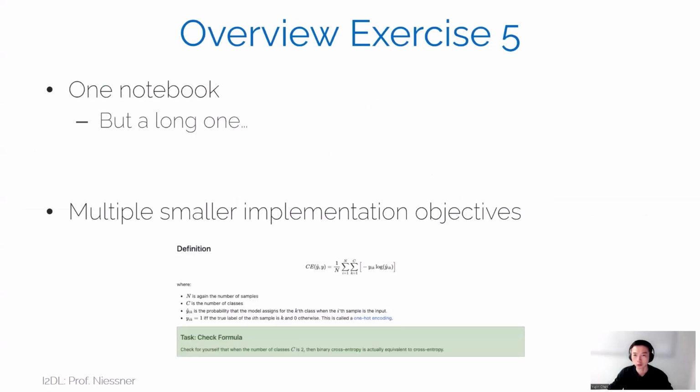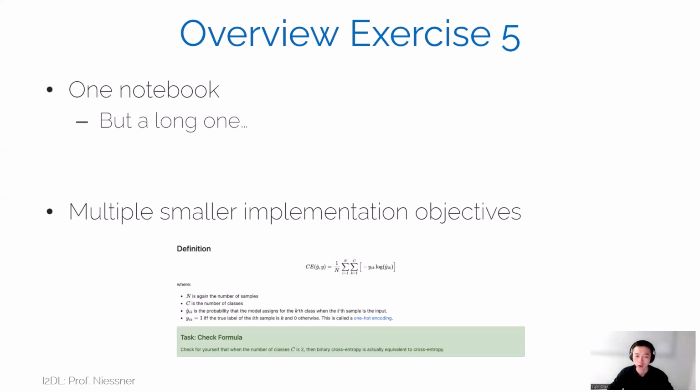So for the overview of exercise 5, different from exercise 4, which had two notebooks, here we only have one notebook, but it's a quite long one. Here you need to implement some smaller implementation objectives inside it.